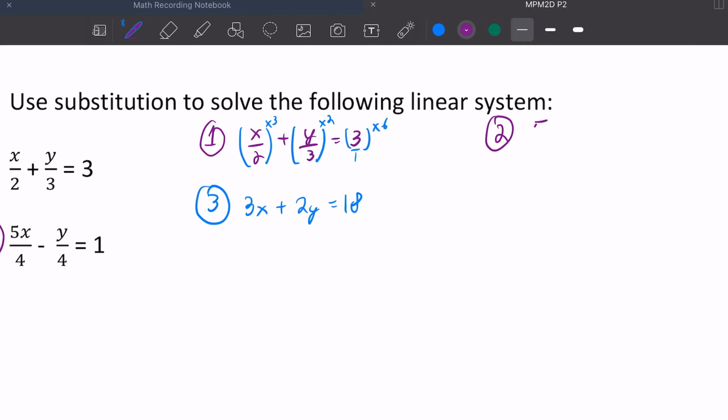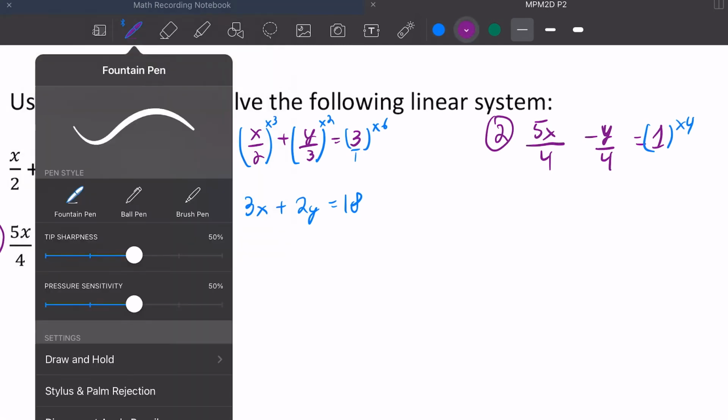So the next one we have is 5x over 4 minus y over 4 equals 1. Now, these two guys are over base 4. We don't need to do anything to these because they already have the same base. But we need to do something to 1. Right now it's 1 over 1, so we need to multiply that out by 4 in order to get it on a base of 4 like the others.